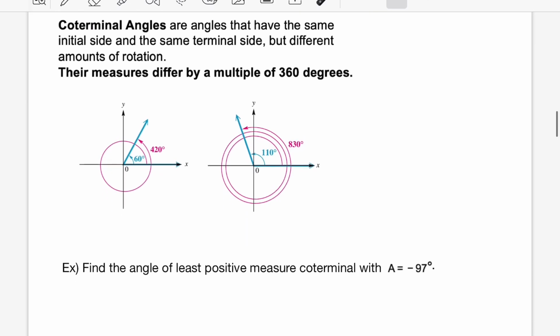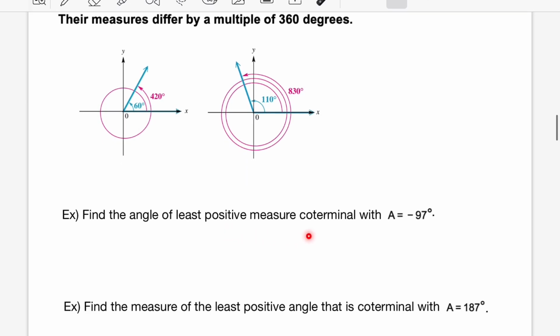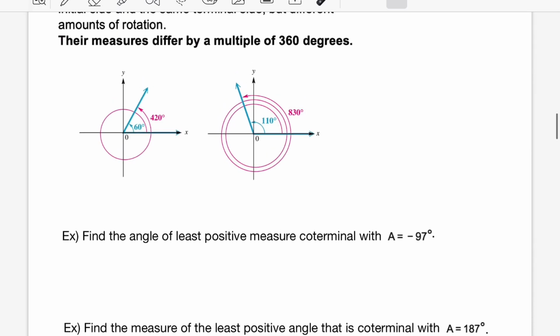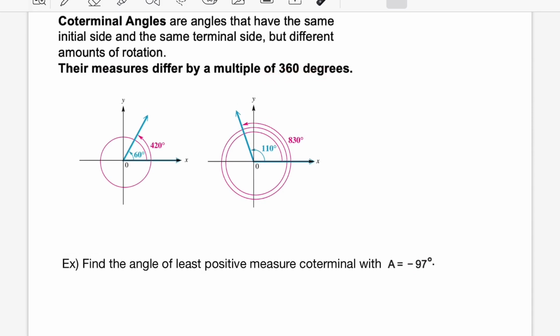So for example, if we wanted to find the angle of least positive measure coterminal with the angle A equal to negative 97 degrees, we know that a coterminal angle is going to differ by a multiple of 360 degrees, and we want to find the angle of least positive measure.